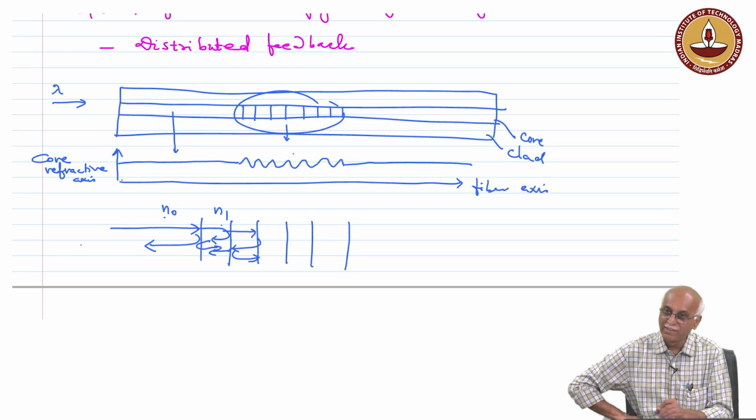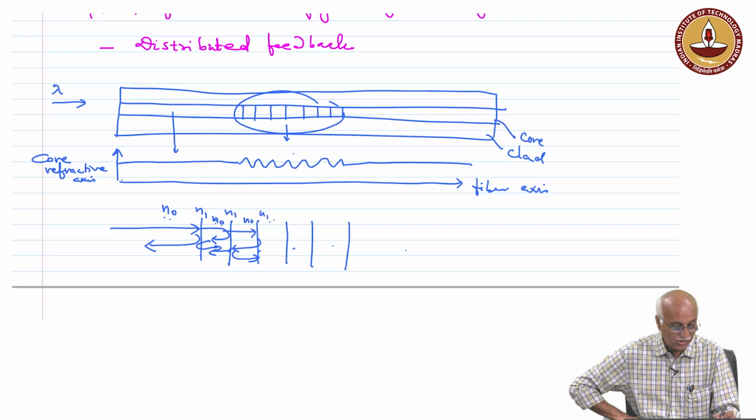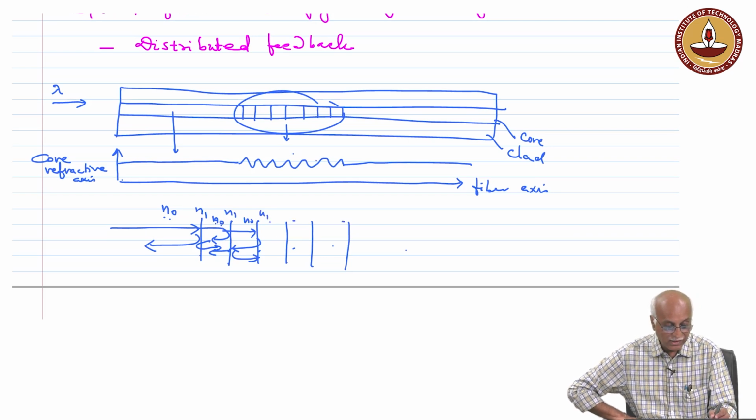Lots of reflections are occurring between these various steps, each one changing n0 becoming n1, then again becoming n0 in the intermediate stage, then n1, n0, n1. The refractive index is changing, as you can see.